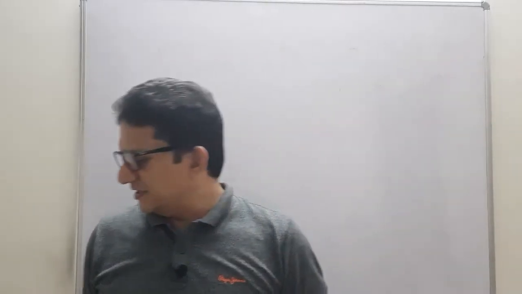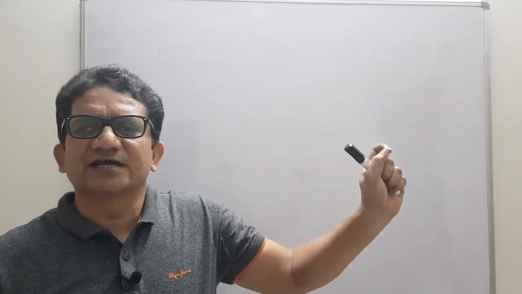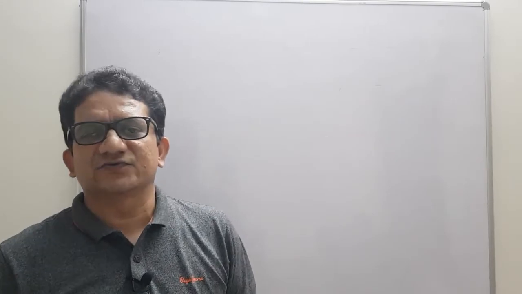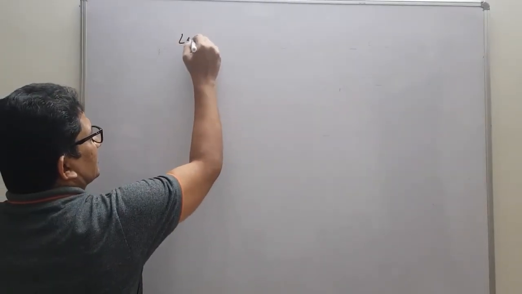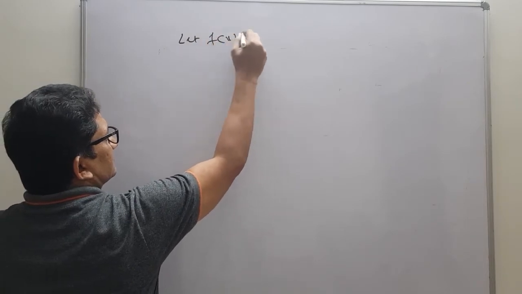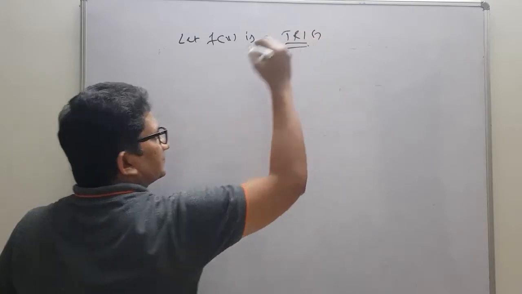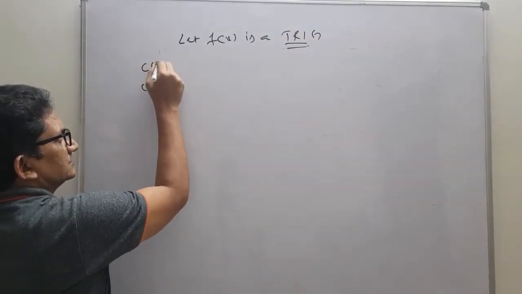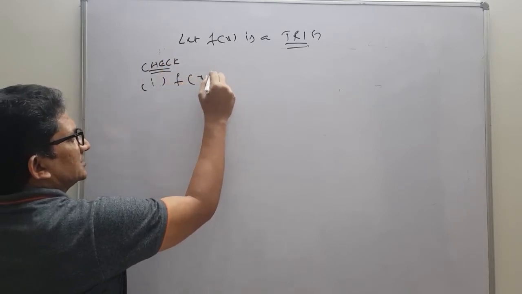Students, next write a point, it is a very valuable point. Checking method to find the period of trigonometric related functions. Let f of x be a trigonometric function. Then first you check f of x plus pi by 2.